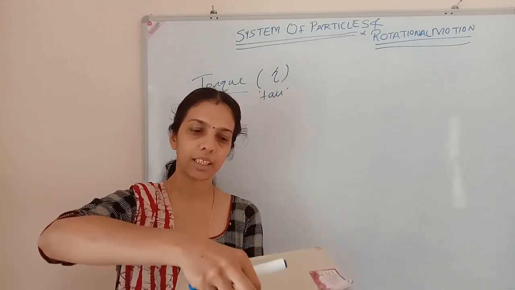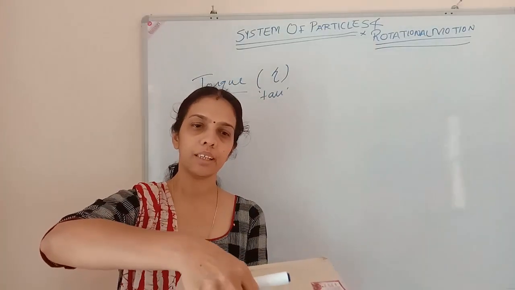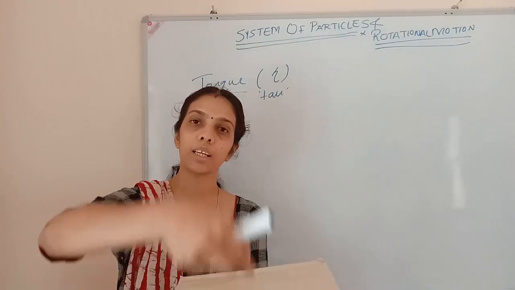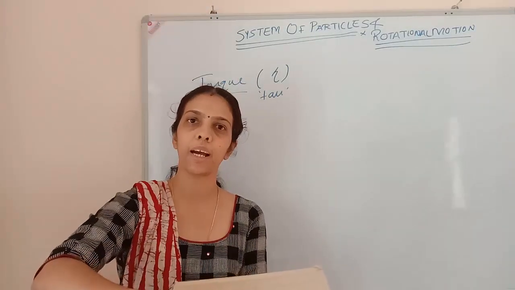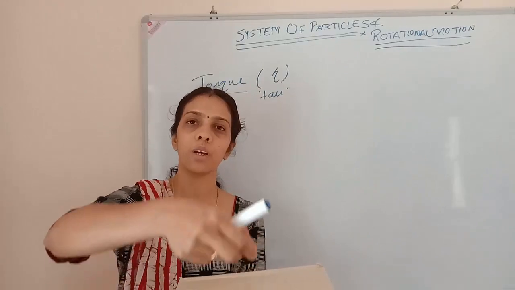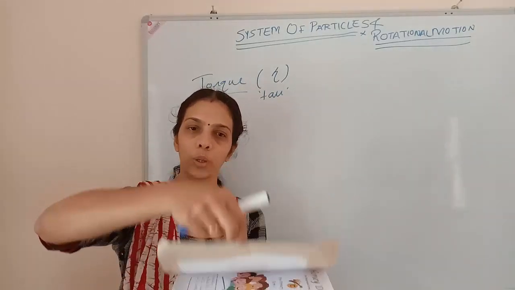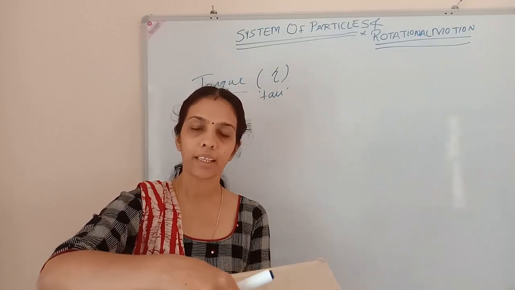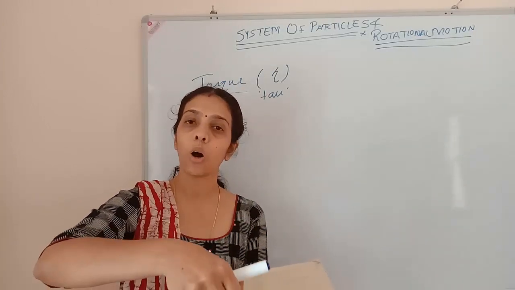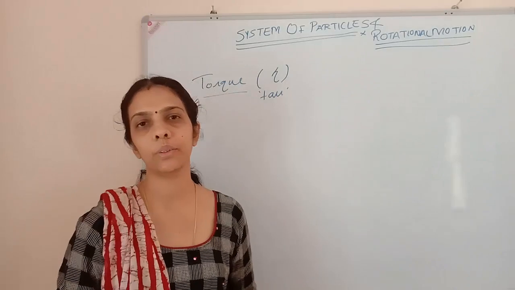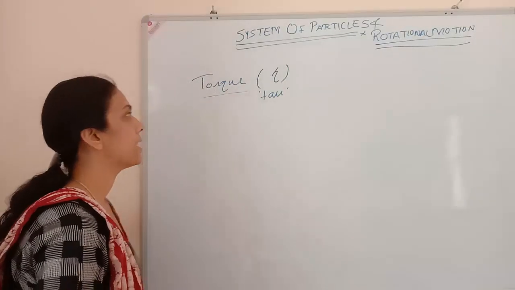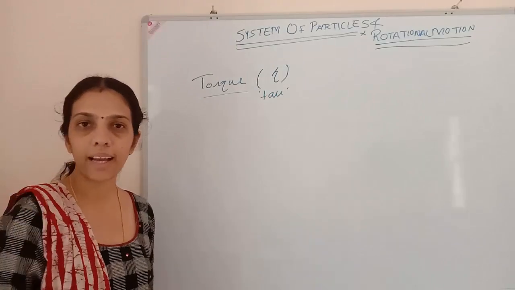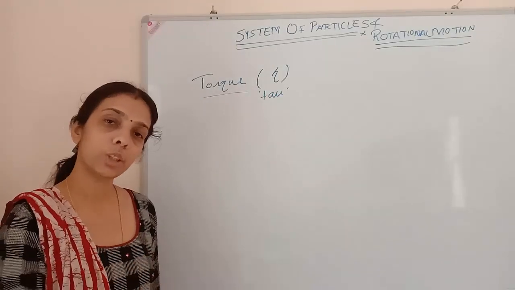I am applying a force in this upward direction, and it rotates about a fixed point. The force I am applying is helping the object to rotate, so it is called the torque acting on the system.